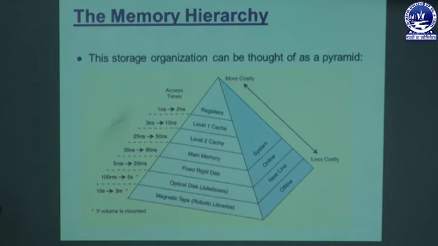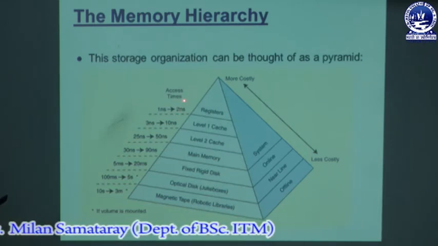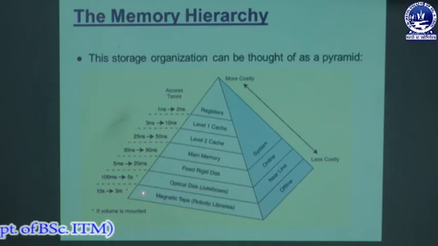And then the next one is our accessing time. When the characteristic is accessing time, or we measure the memory devices according to their accessing time, that means the accessing time increases from the top to bottom.